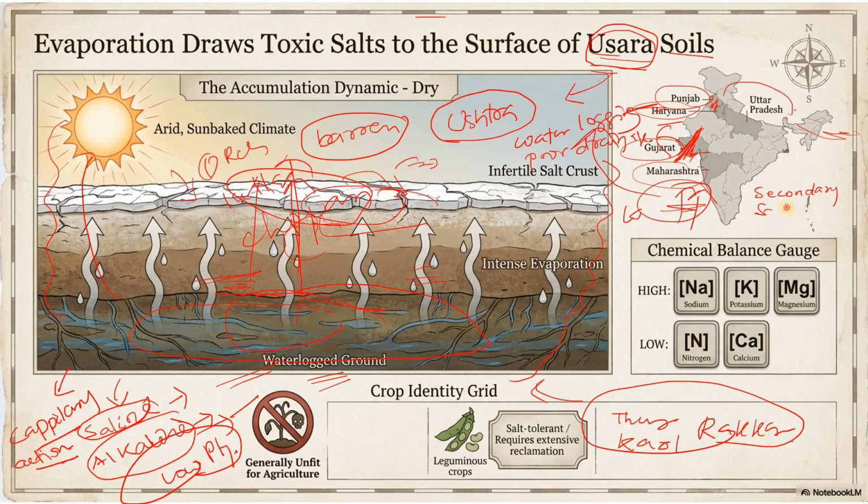In the coastal regions also you can find this kind of soil because of the influence of the coastal areas. This soil will come under aridisol. And you can see one thing here: the crops grown here are leguminous and salt tolerant, and the soil requires extensive reclamation.